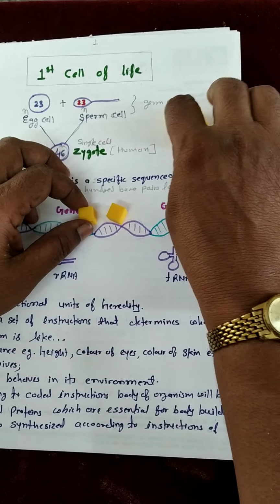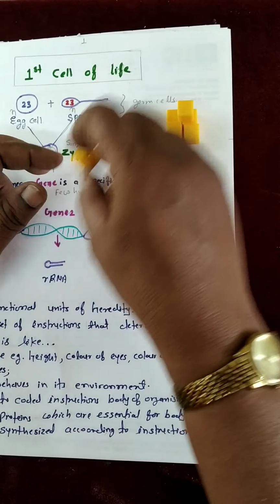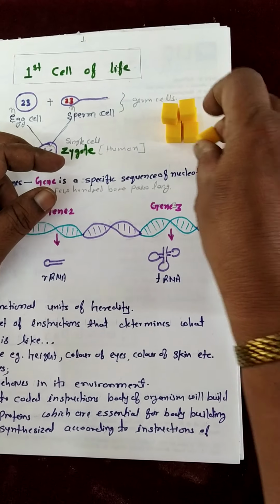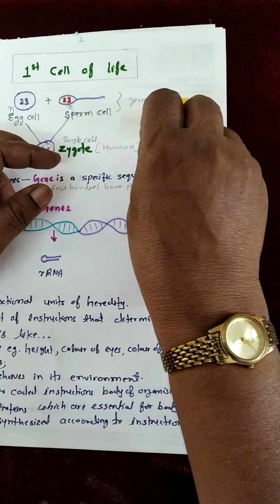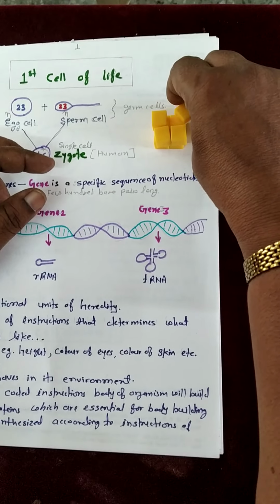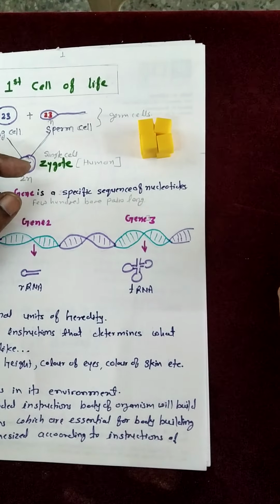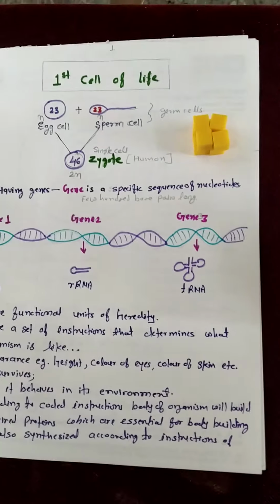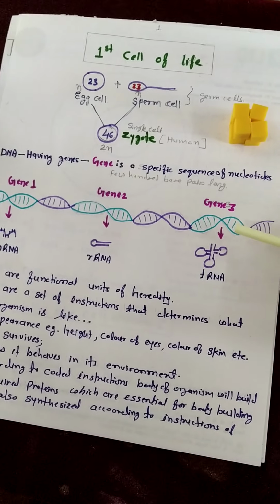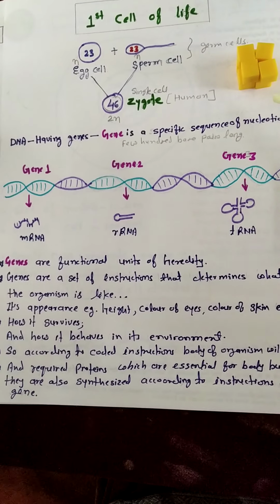These are the 1, 2, 3, 4 and 1, 2, 3 and 4. This type of structure is of the histone proteins, and these histone proteins are associated, attached with the DNA molecules in the nucleus. These histone proteins are present in the nucleus of the cell.